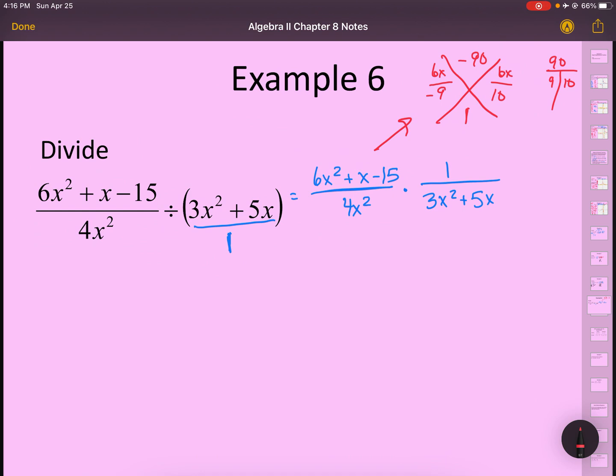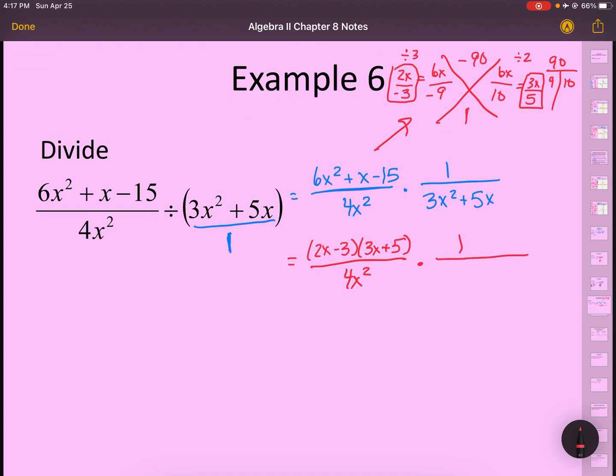So 6x over 10, if I divide both of those by 2, I got 3x over 5. And then on the other side, if I divide both by 3, I got 2x over negative 3. So there's my two factors there. So 2x minus 3 times 3x plus 5, that just factored to that, all over 4x squared, we can't really do anything there, times 1 over, if we pull an x out, x times 3x plus 5.